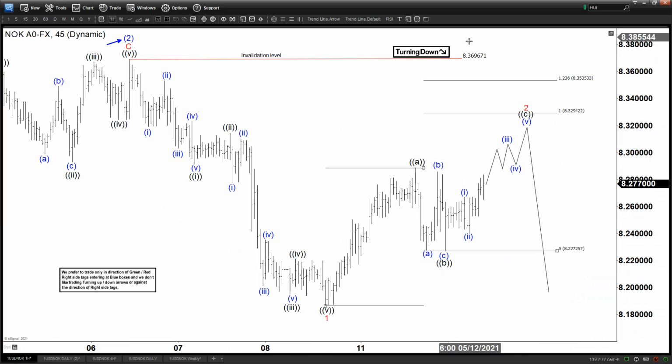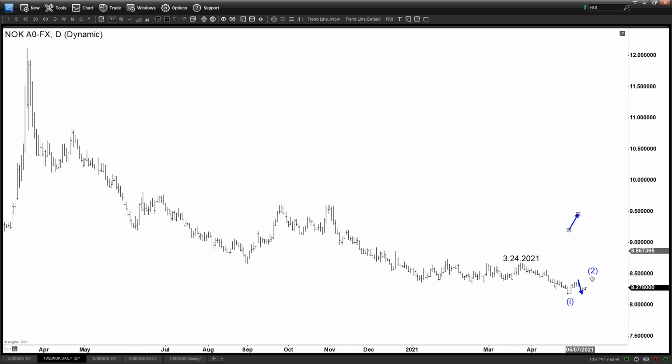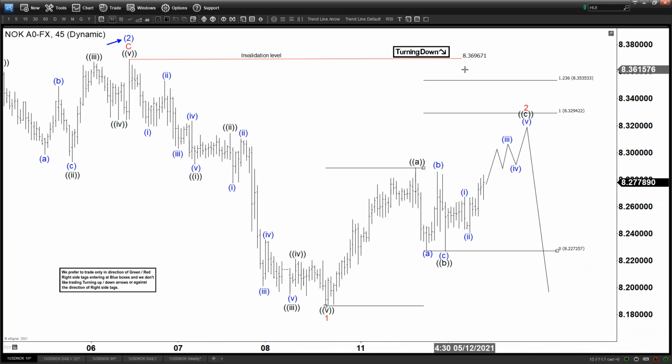But if it actually breaks above 837, then the arrow will become red against 324, because it still has a lower low, and then this three-ways rally will reach the extreme area with a red arrow in case we break above 837.